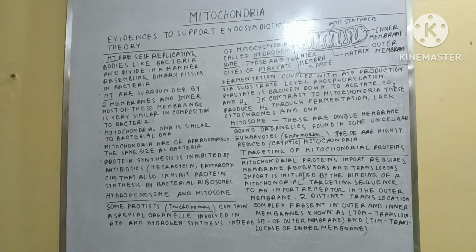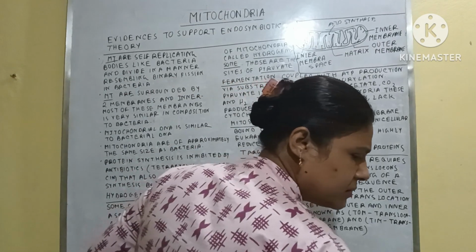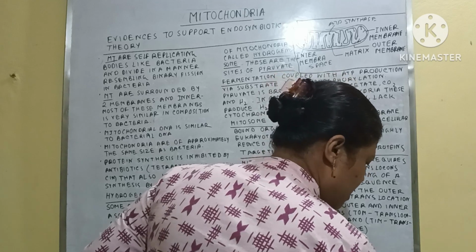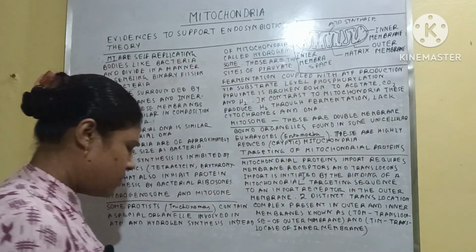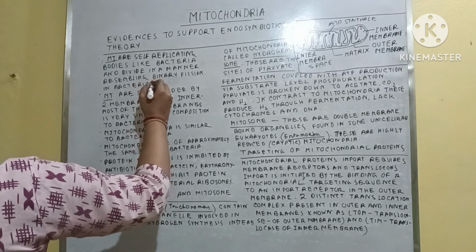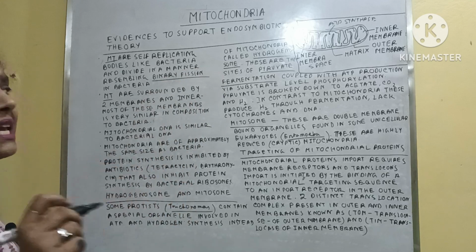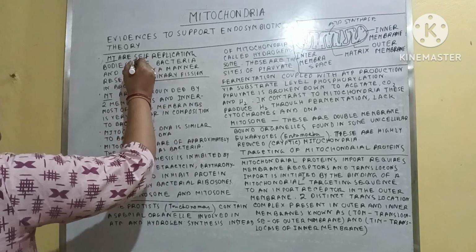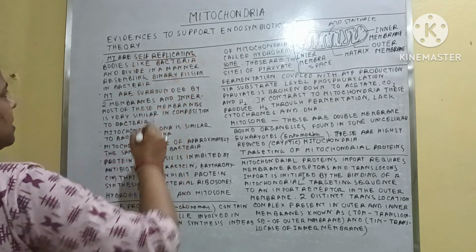So the evidences are that mitochondria are self-replicating bodies like bacteria and divide in a manner resembling binary fission in bacteria. One thing is that they are self-replicating organelles.